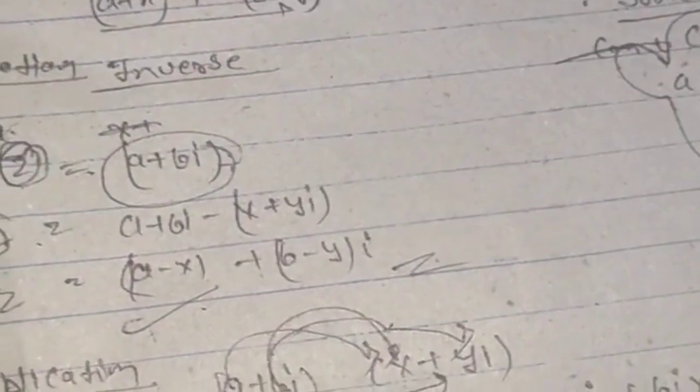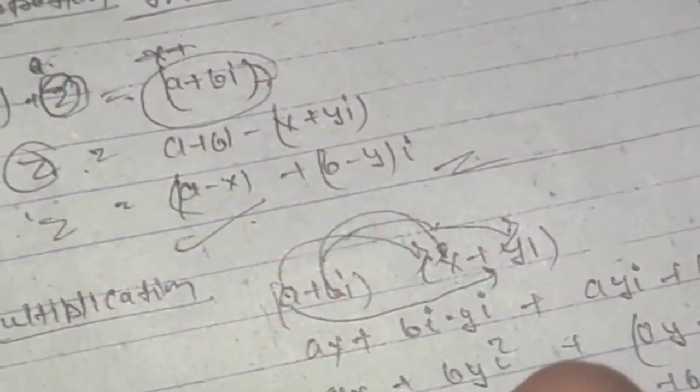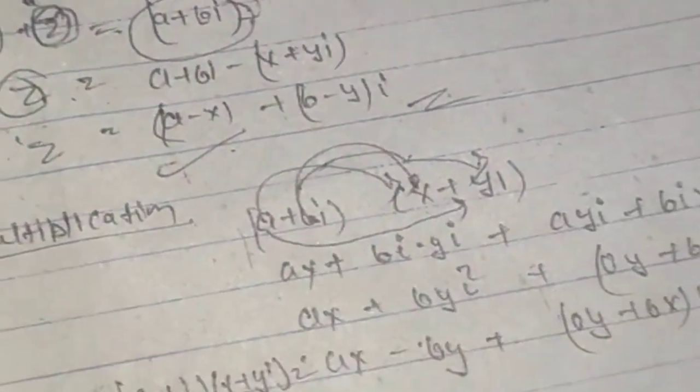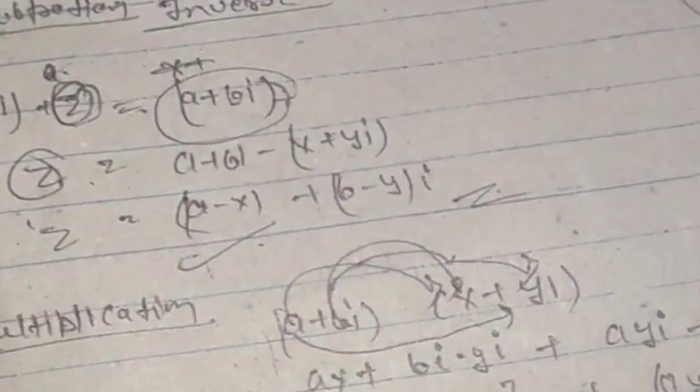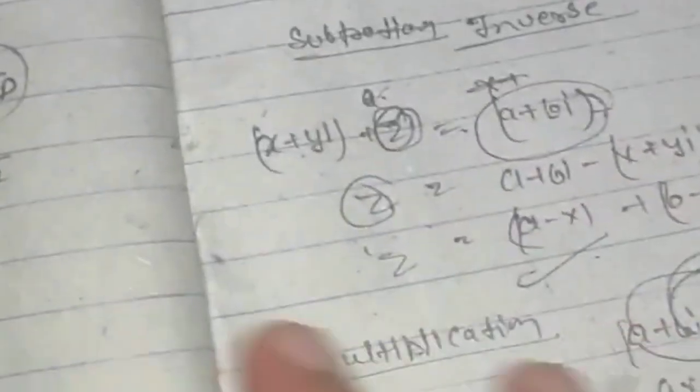Okay, this is the multiplication of a plus bi into x plus yi. Hence proved.